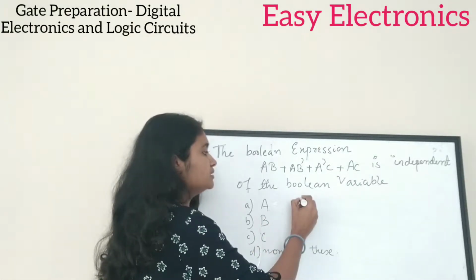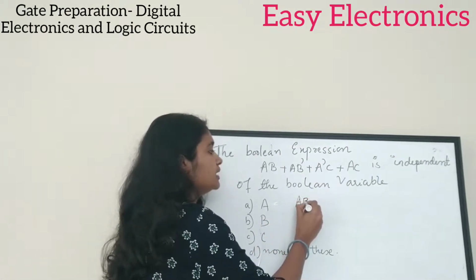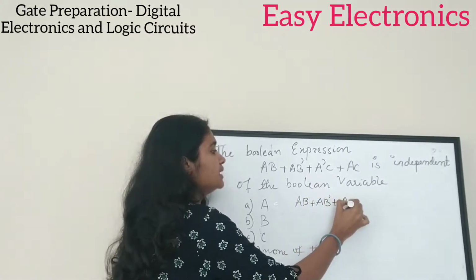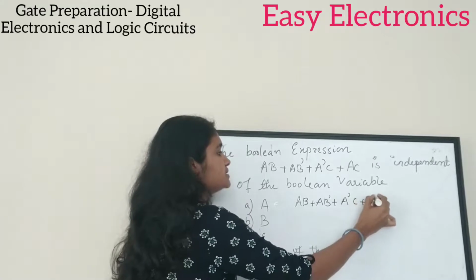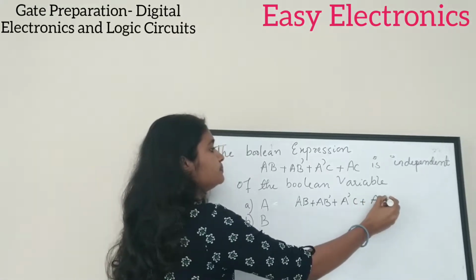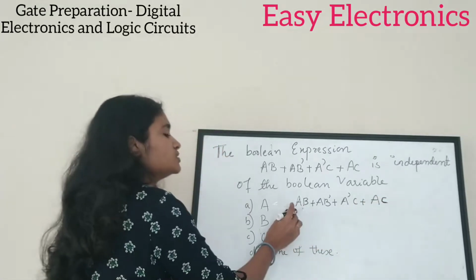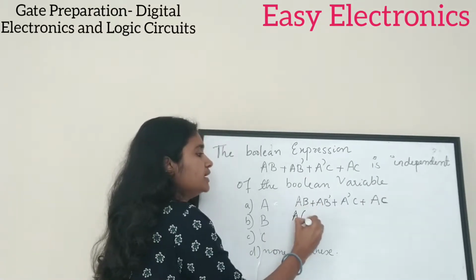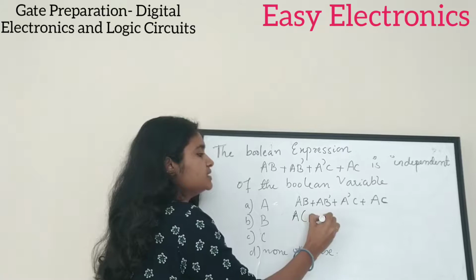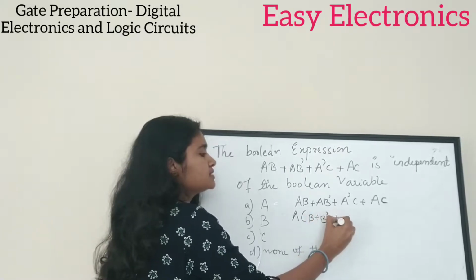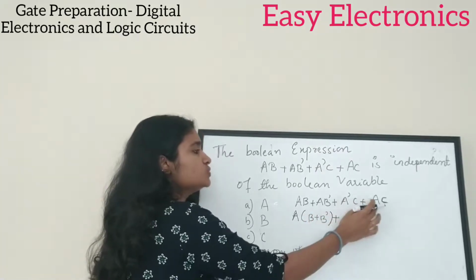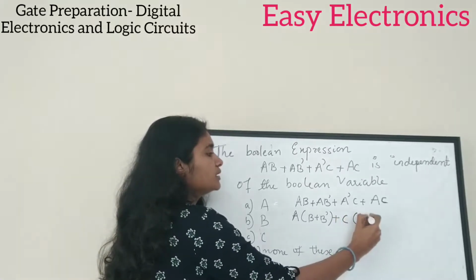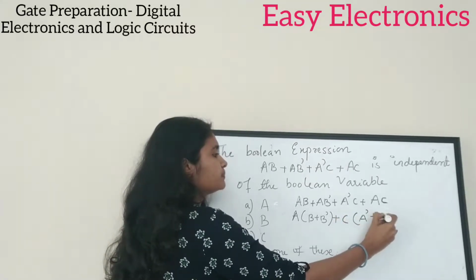I'm going to write it here: AB plus AB bar plus A bar C plus AC. From these two terms, I am going to take A as common: A into (B plus B bar), plus, from the last two terms, I am going to take C as common: C into (A bar plus A).